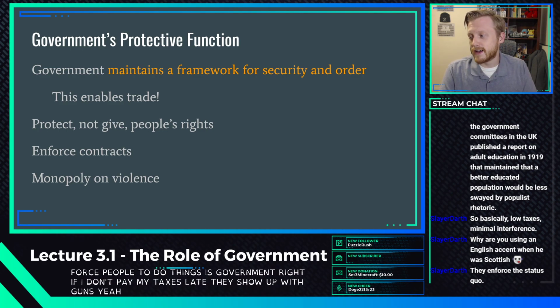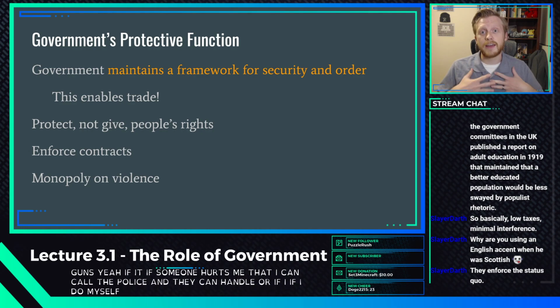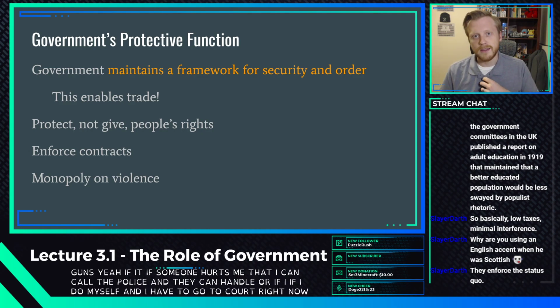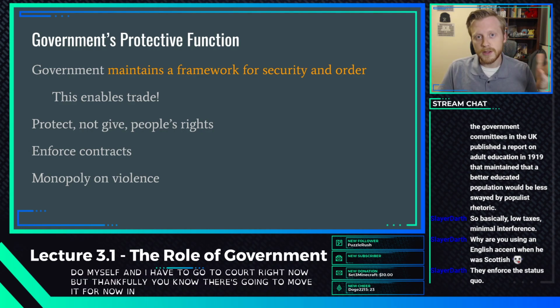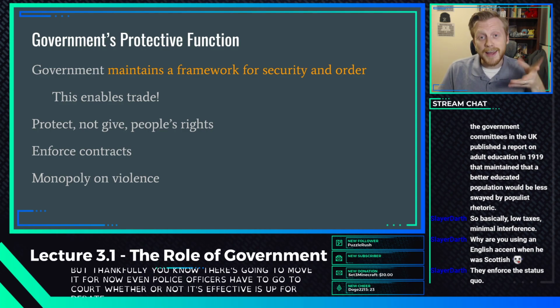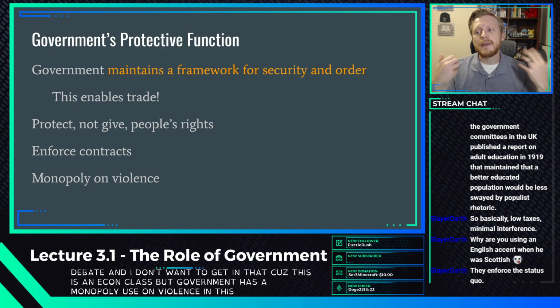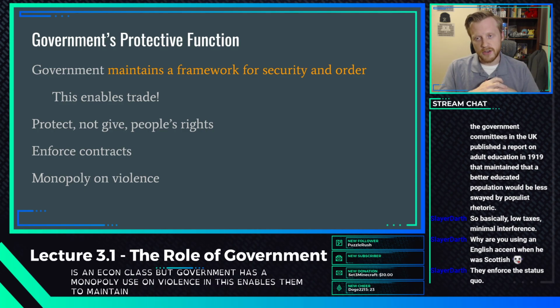If someone hurts me, I can call the police and they can handle it. Or if I do it myself, then I have to go to court. Thankfully, now even police officers have to go to court. Whether or not it's effective is up for debate, and I don't want to get into that because this is an econ class. But government has a monopoly on violence, and this enables them to maintain security and order.